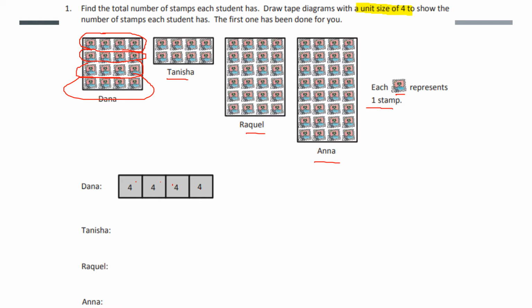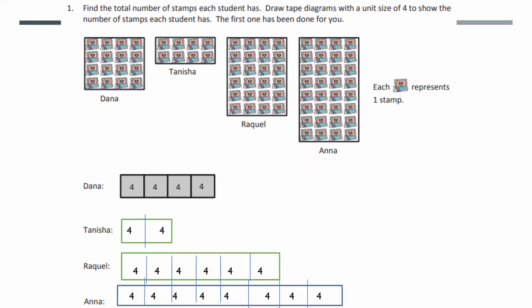All right, and we are going to go over the answers right now. So you can see I drew it out. Tanisha has two rows of 4, which is actually 8, which we know would be 8 stamps. So here's her 8. Raquel, we have 1, 2, 3, 4, 5, 6 rows of 4. So we see it right here. Raquel, so that was Raquel with the 6 rows.